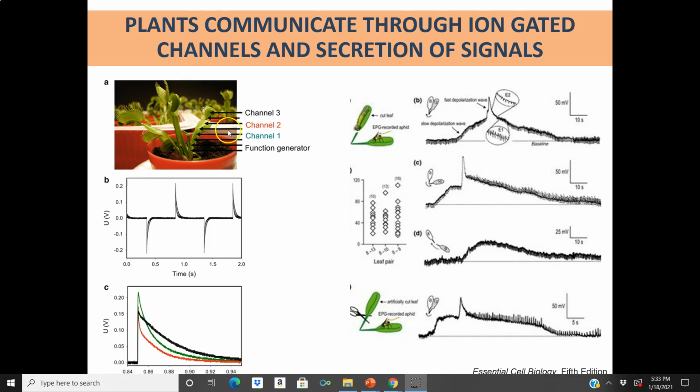So again, the Venus flytrap is a classic example of how quickly these signals can pass and cause a response at the end. And if you look at this, it's less than half a second for each of these activations to occur. So it is a very quick response at the end of the day.